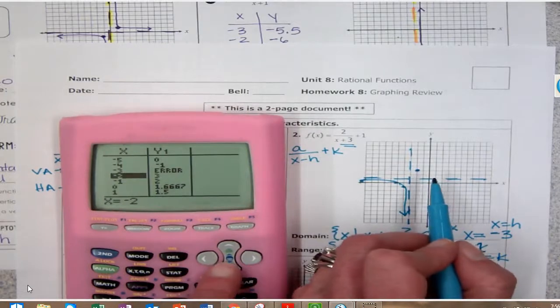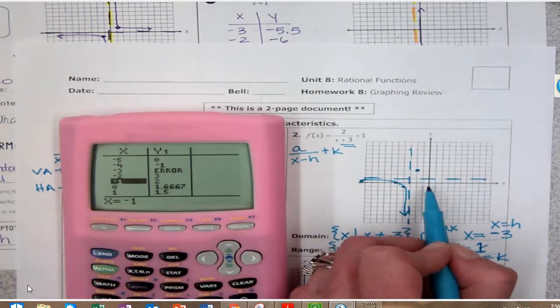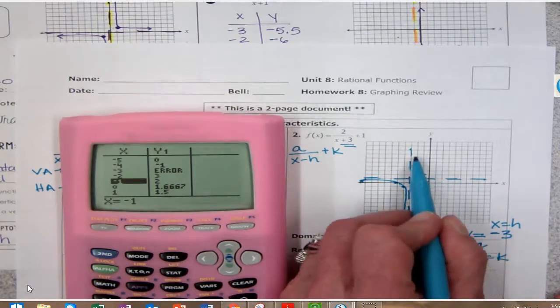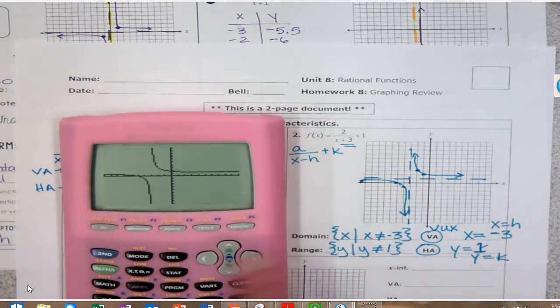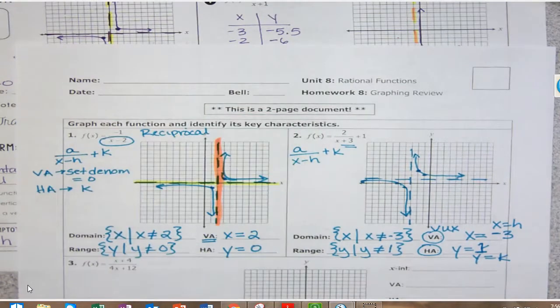And there I go. Boom. I'm going to go back, double check my graph, check, it's done. That's how you graph reciprocal functions.